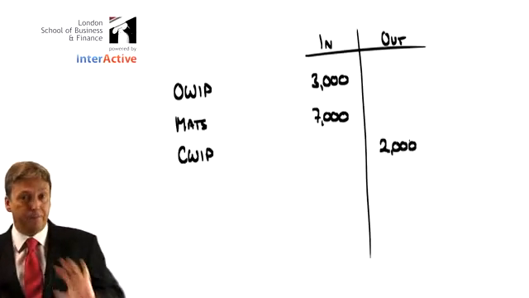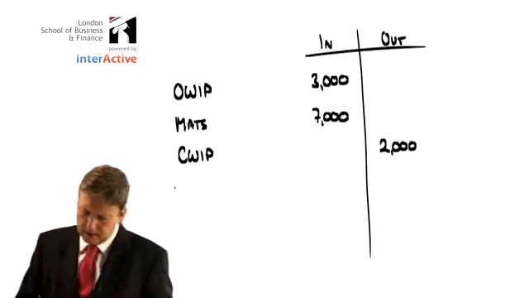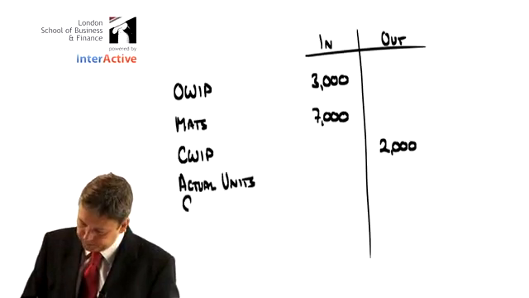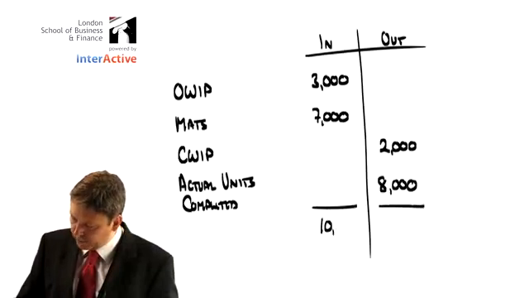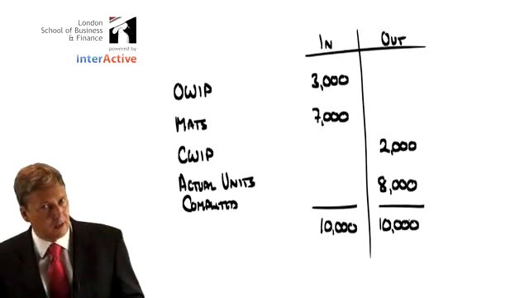Output, because we carry it forward from this period and into the next. Oh, and finally, we have our actual units completed, 8,000. To me, this is always a useful check. It ensures that we know what is going on and we haven't missed anything.